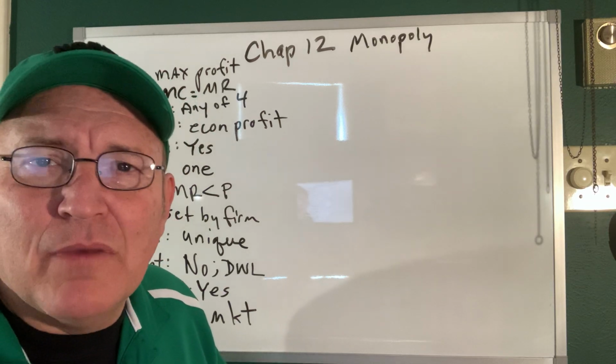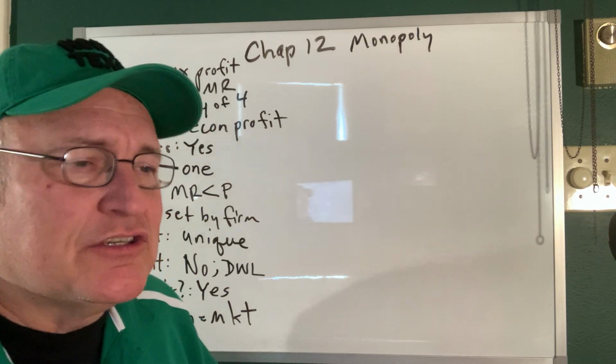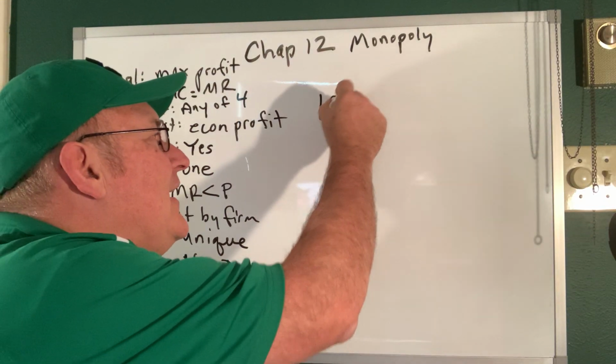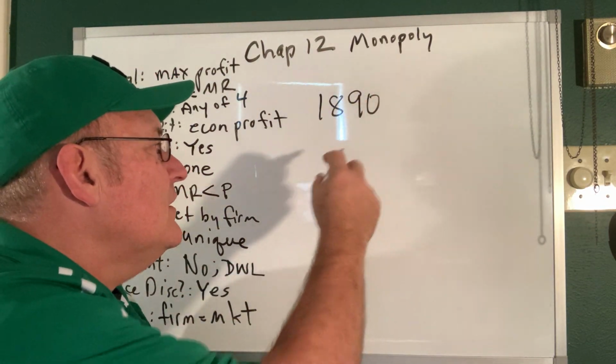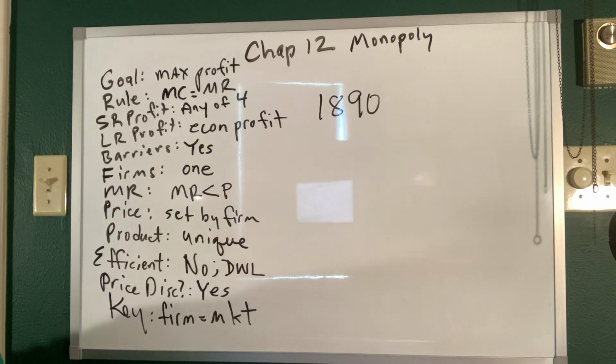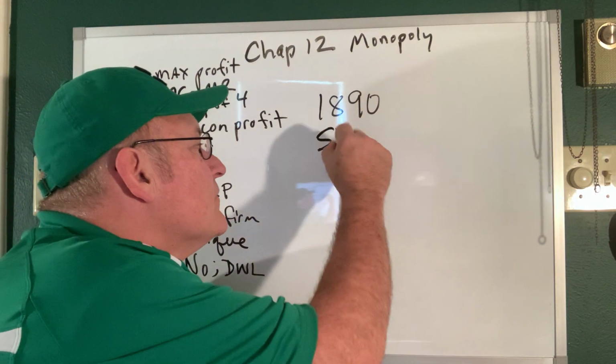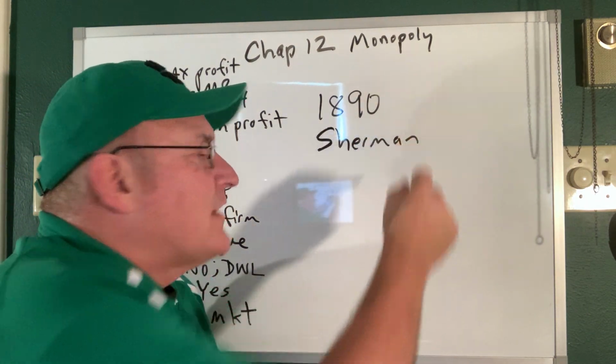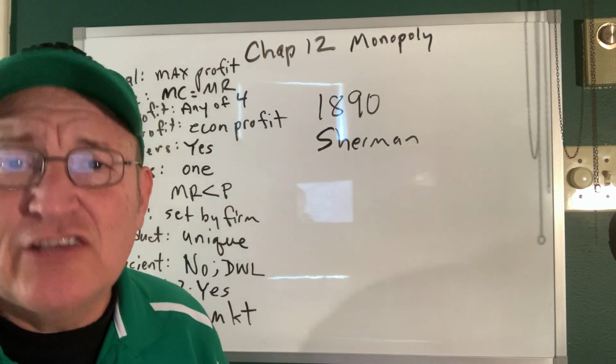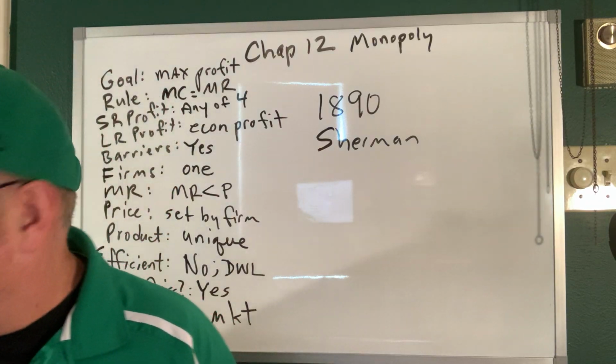They were being dominated by these companies, and so in 1890, the Sherman Antitrust Act of 1890 is what outlawed monopolies in the U.S.